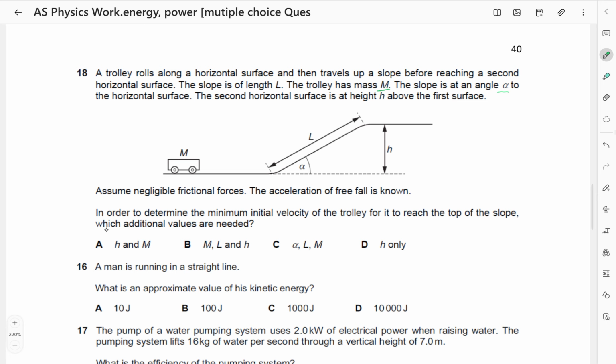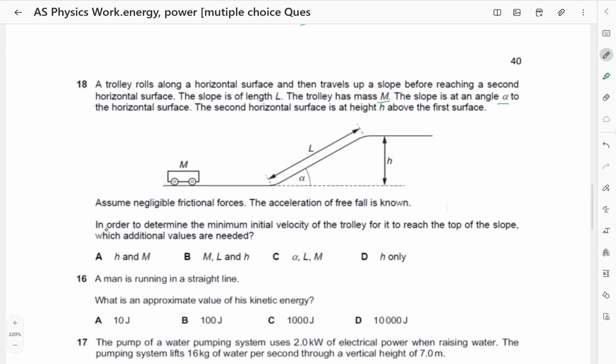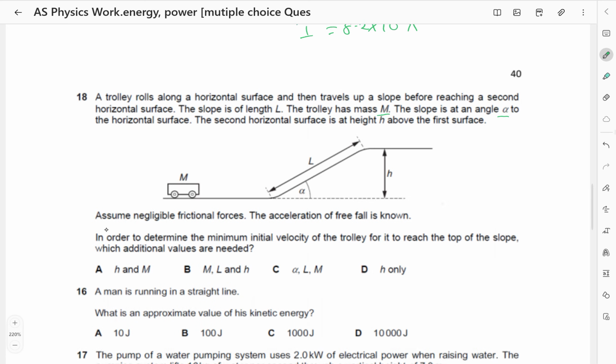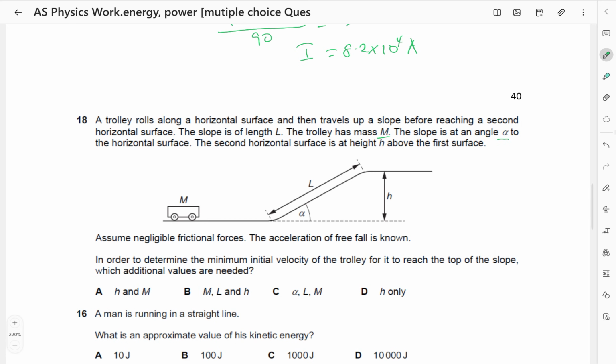So a trolley rolls along a horizontal surface and then travels up a slope before reaching a second horizontal surface. Since the frictional forces are negligible, there is no work done against friction. So the loss in kinetic energy along the horizontal surface at the bottom should be equal to the gain in potential energy when it reaches height h.